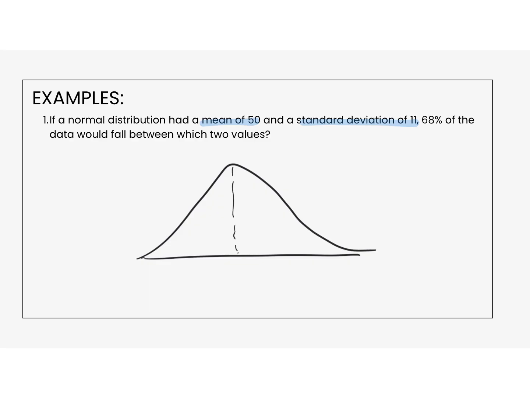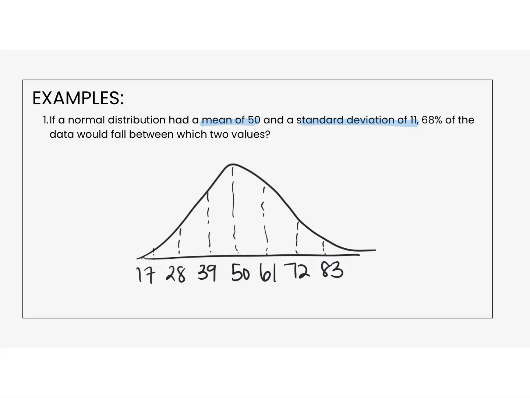Right down the middle, that's going to be the mean, which would be 50. And then we're going to go 1 standard deviation, so I'm going to add 11, 61, another 72, another 83, and then I'm going to go the other way. So I'm going to subtract 11, 39, subtract 11, 28, subtract 11, 17.